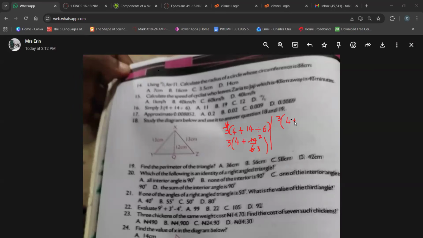Okay. Now that we have 7 over 3, there are 2 ways you can do this. Watch what I'm going to do. 7 over 3 is what as a mixed number? 7 over 3 plus 4.